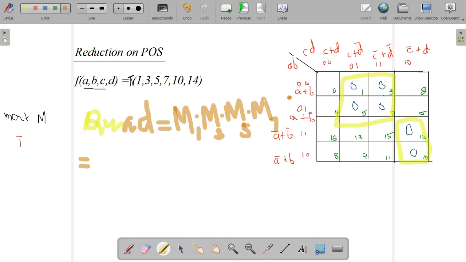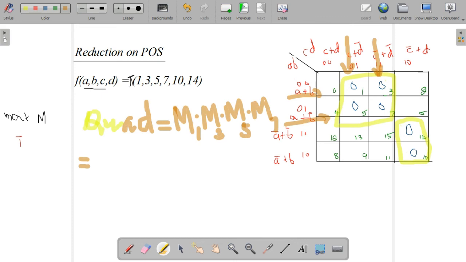Next, you can write the corresponding value. If it is a quad, we have to remove 2 variables. You can identify it easily from the picture itself. The two rows for the quad are A plus B and A plus B dash, and the columns are C plus D dash and C dash plus D dash.